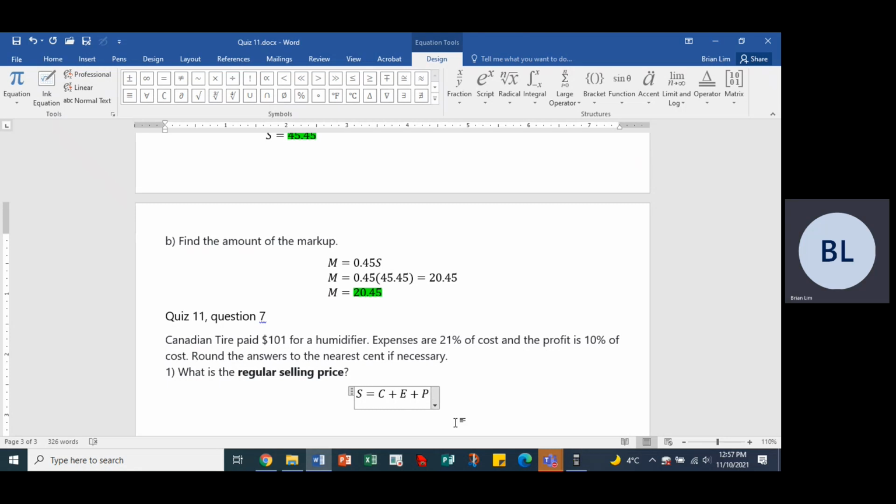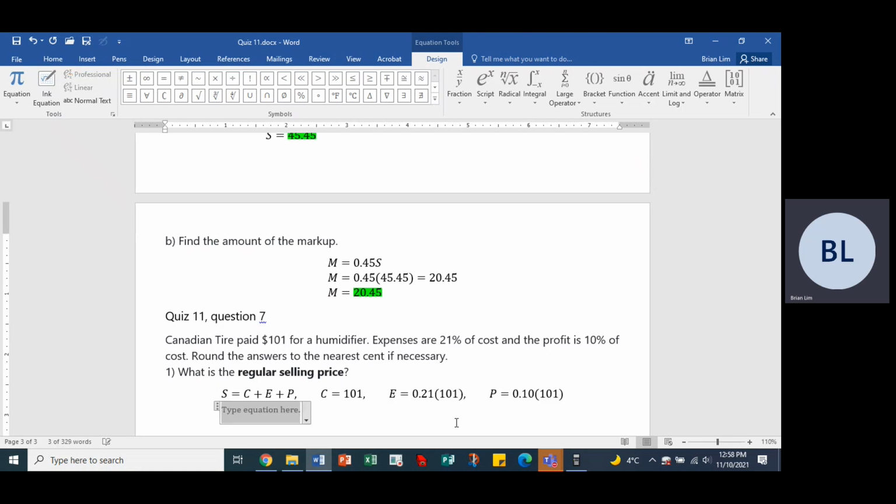So we know some numbers here. We know that the cost is equal to 101. We know the expenses are 21% of cost, so that's 0.21 times 101. And the profit is equal to 0.10 or 10% of the cost, 101.